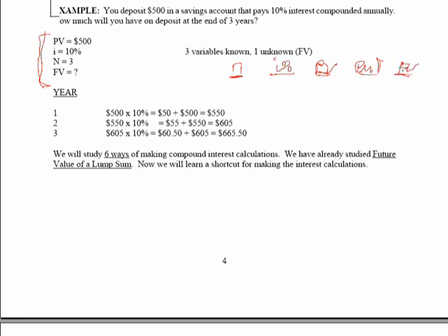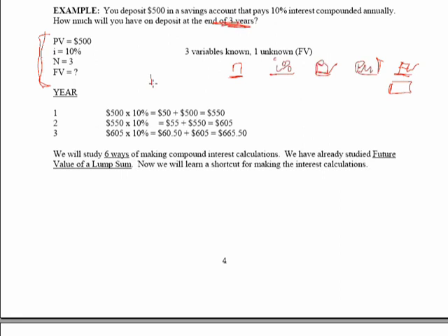And what you do is you read the problem first, and you figure out what you're solving for. In this problem, we're asked how much will you have on deposit at the end of 3 years. So that tells me that I'm dealing with some future value, some future period in time. So what I do next is I put a box in the key or the register that I'm solving for to remind me this is a future value problem.